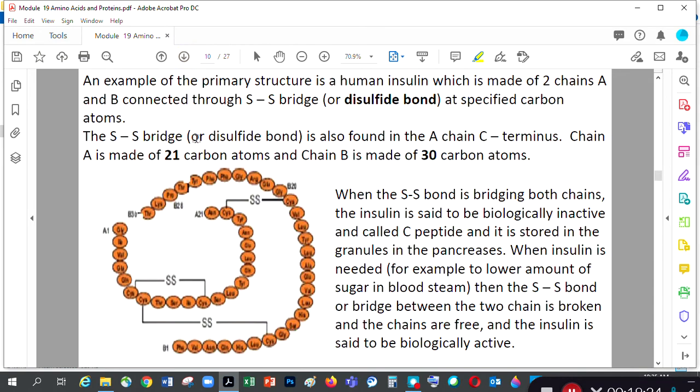One of these is called insulin. Insulin is just, we have 2 primary chains, one called A. This one is A here, and this is B. A is made of 21 amino acids, correct? If you count them, there are 21.